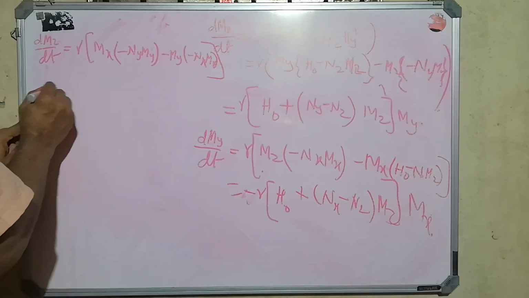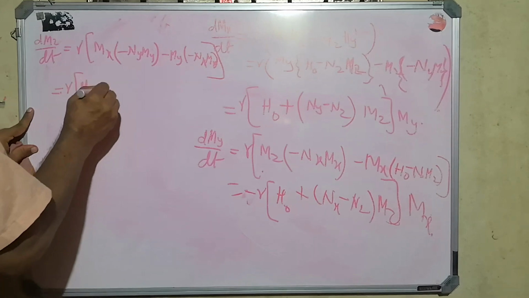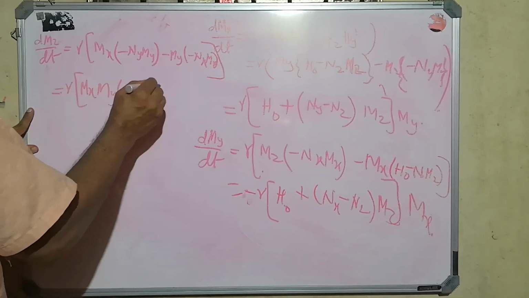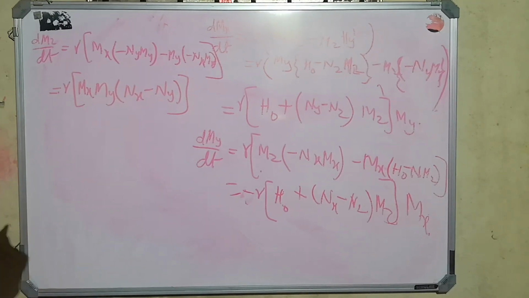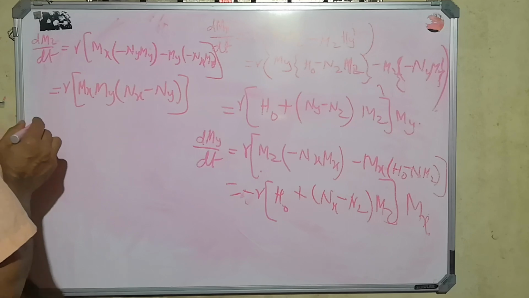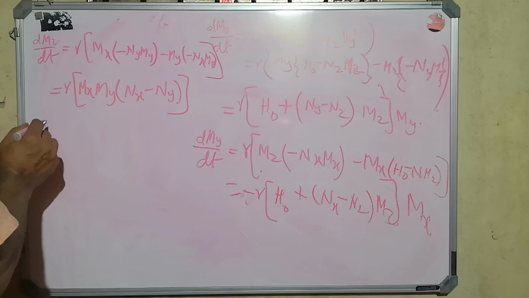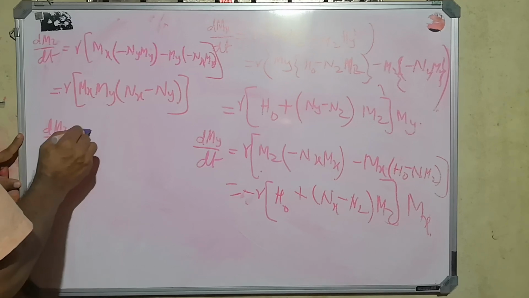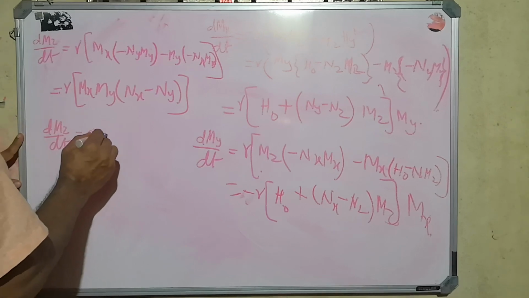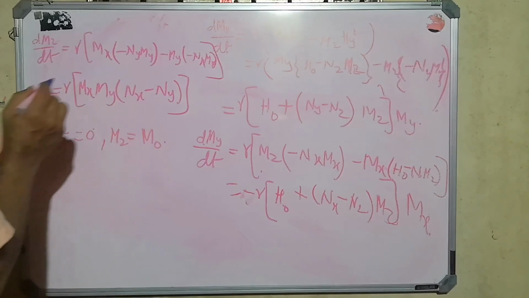So finally, after simplification, you will get gamma into mx my into nx minus ny. But as you know, along the z direction, the change in magnetization is 0 at equilibrium, that is dmz by dt is equal to 0, which implies dmz is 0 or mz is equal to a constant value m naught.